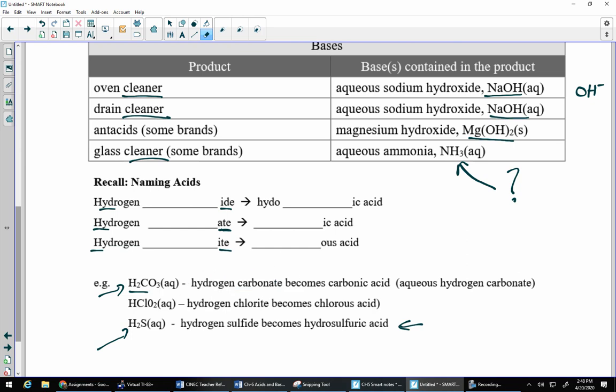And then finally, back to the pen there. The last one is with ite. So if I ever see an ite ending, for example, hydrogen chlorite, I totally drop the hydrogen again. Hydrogen is gone, and I change that last little bit to ous, O-U-S. So chlorous acid.